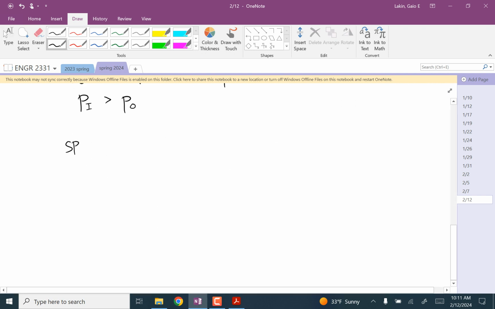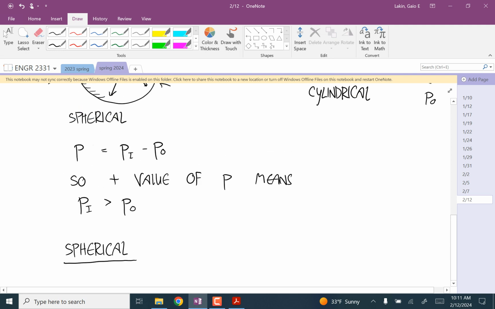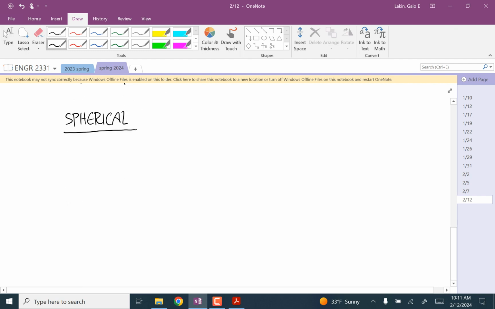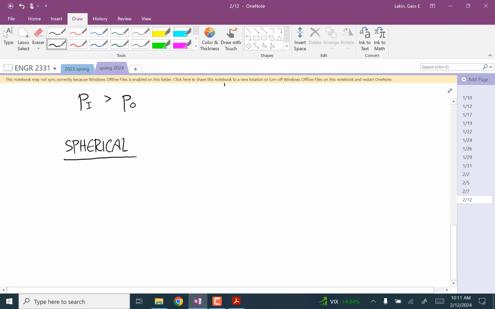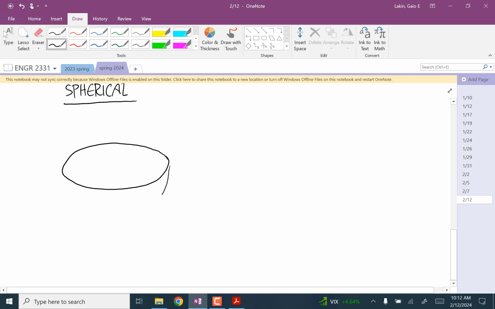Okay, so let's start with spherical pressure vessels. And instead of thinking about the P outer and the P inner, we're just going to think about this net pressure P. And let's think of one half of the sphere.